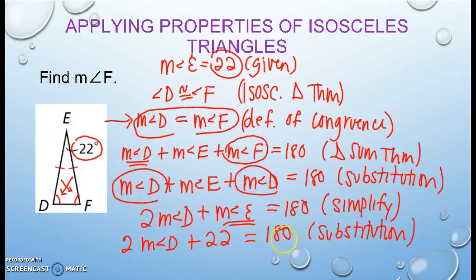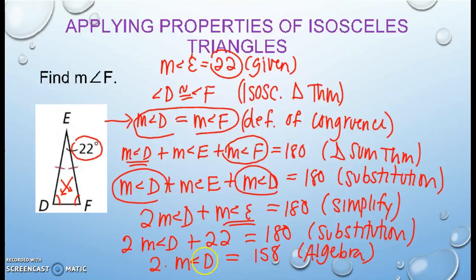And then solving this equation, I can subtract off 22 from both sides. That gives me 2 times the measure of angle D is equal to 180 minus 22, which is 158. So that's just using algebra.